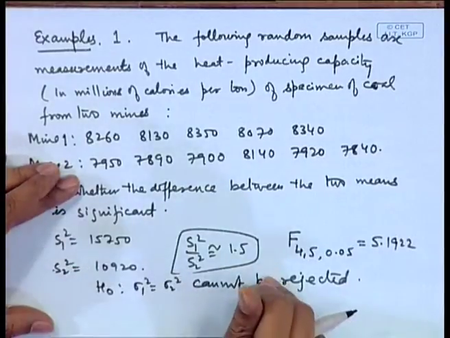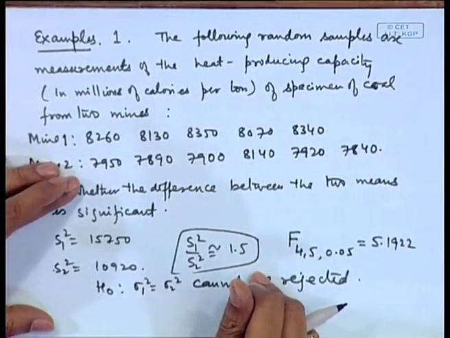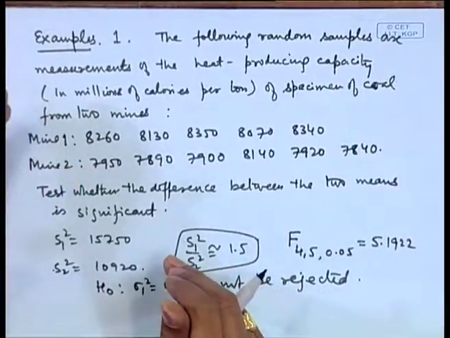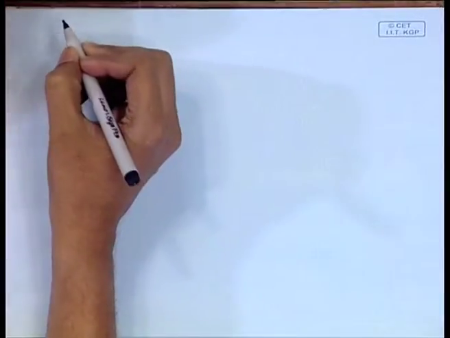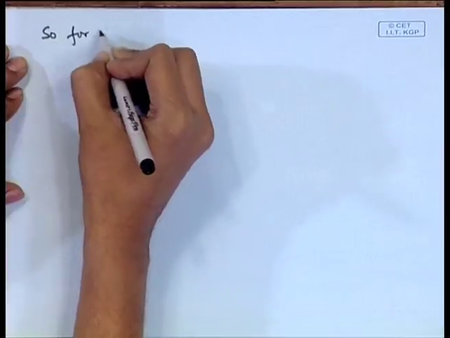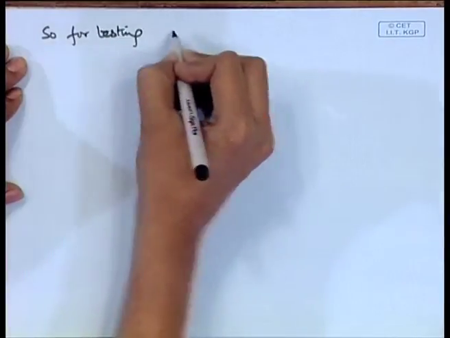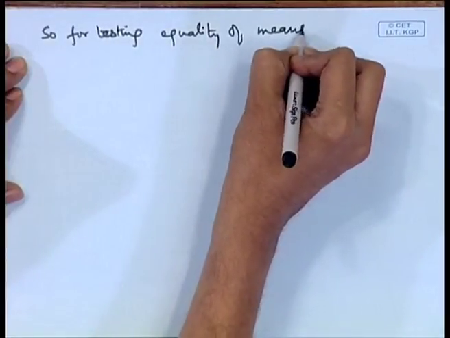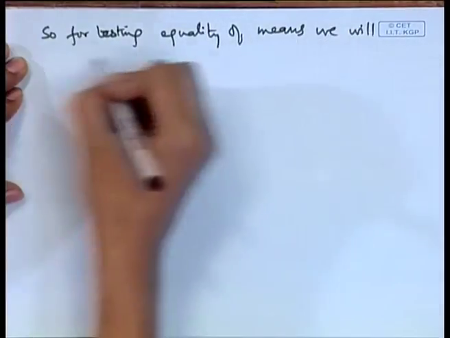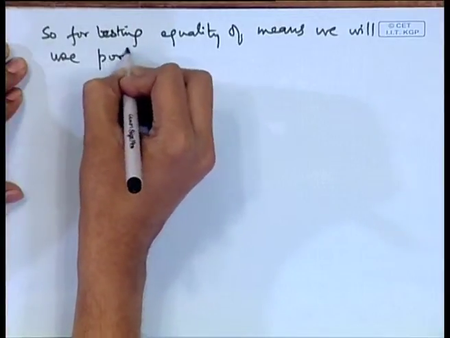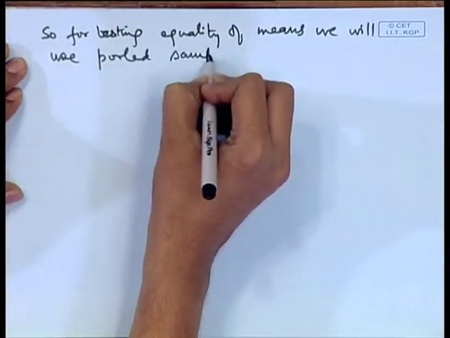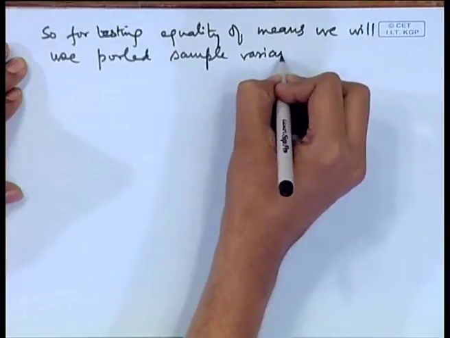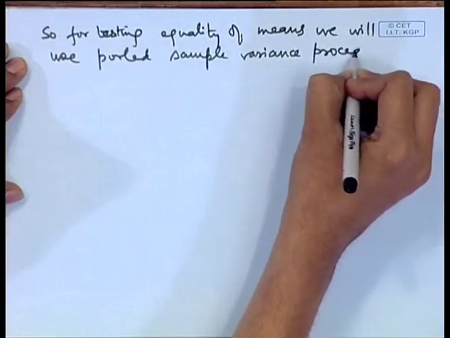Now, if this cannot be rejected, then for the equality of means we will go for the pooled sample variance procedure. So, for testing equality of means, we will use the pooled sample variance procedure.